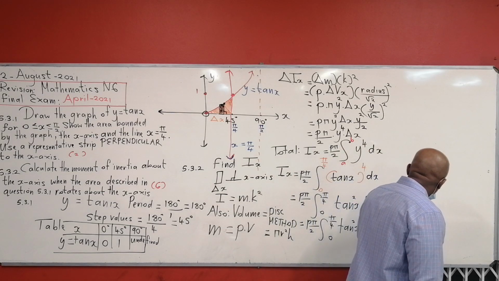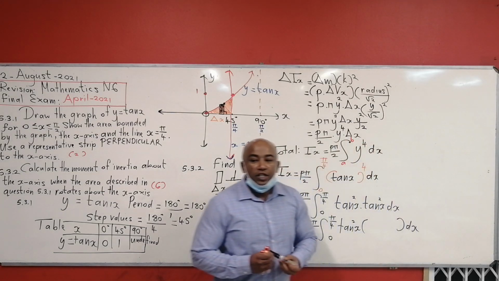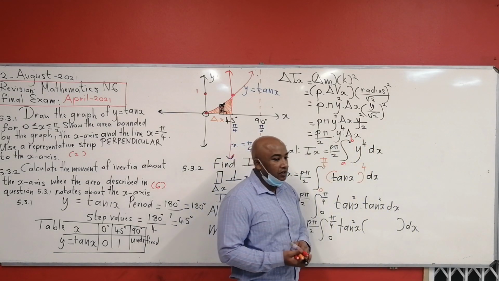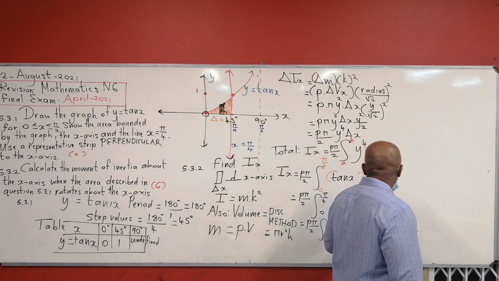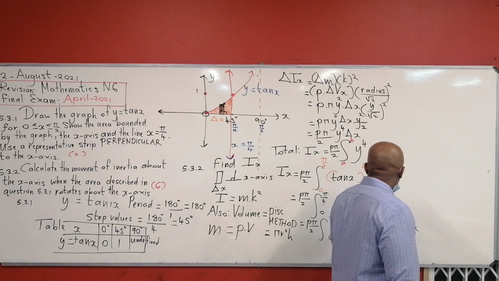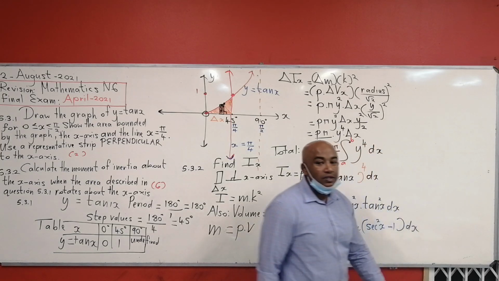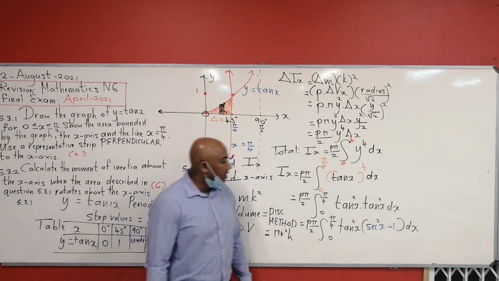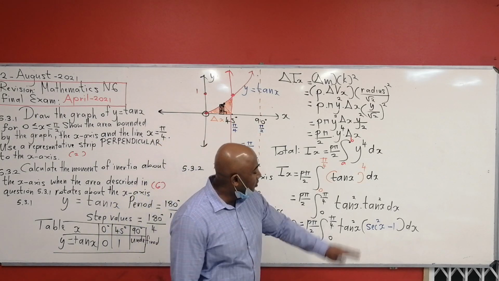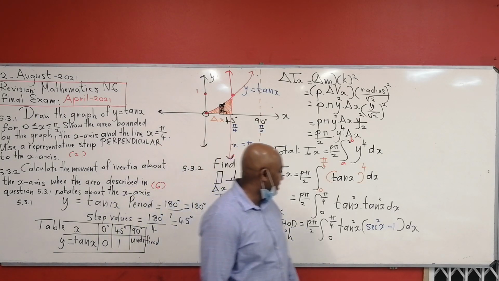We change one of the tan squared, not both of them. Tan squared can be written as sec squared minus 1. We use our square identity. Now we will remove those brackets.